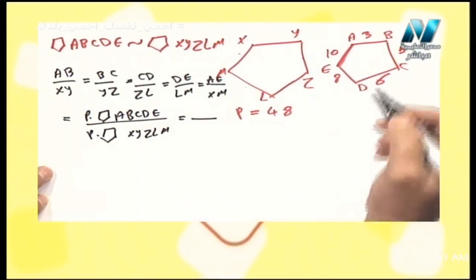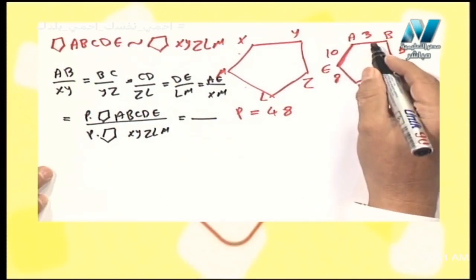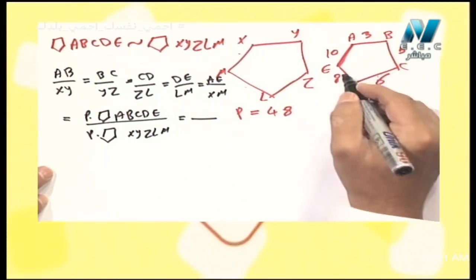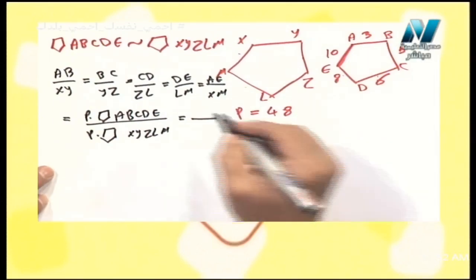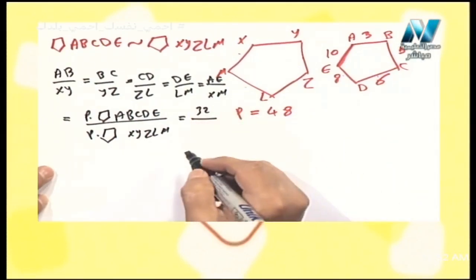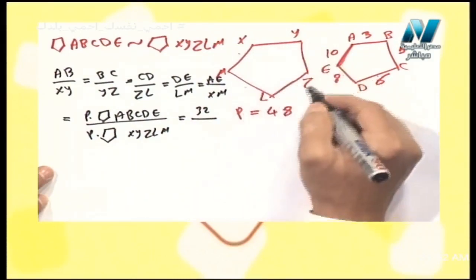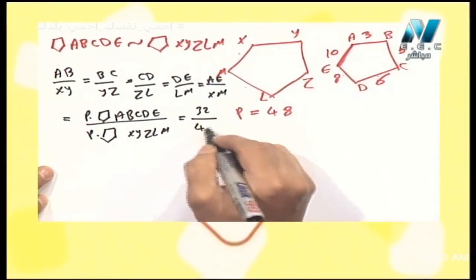If we calculate the perimeter of the first one, we say 3 plus 5 plus 6 plus 8 plus 10 equals 32. And the perimeter of XYZLM equals 48.